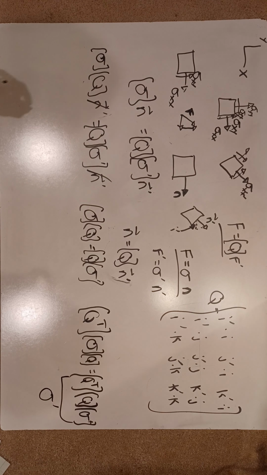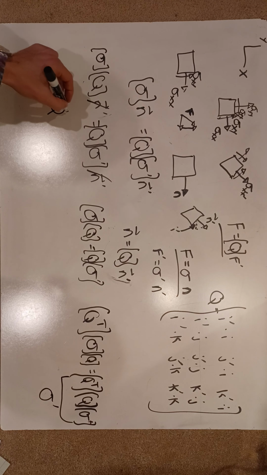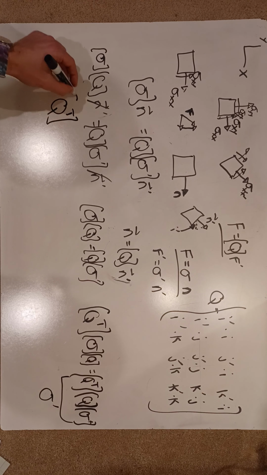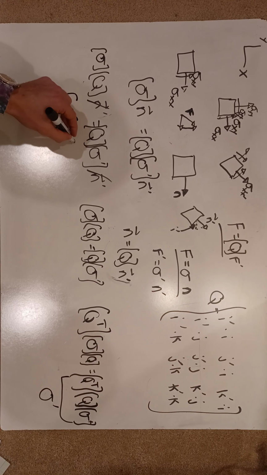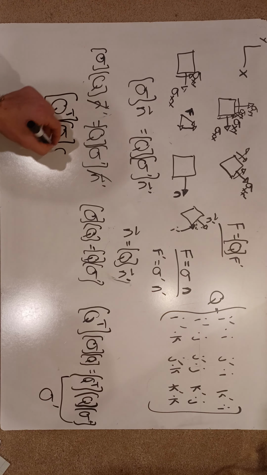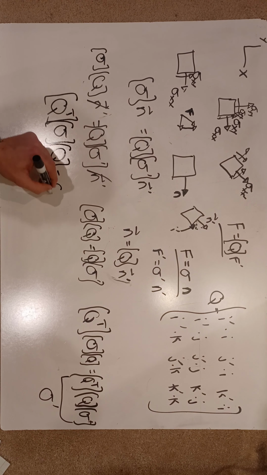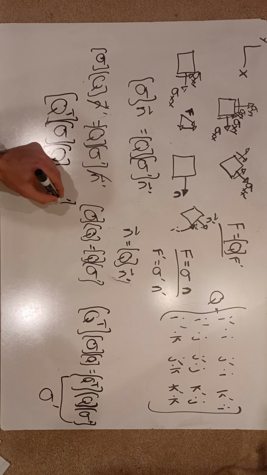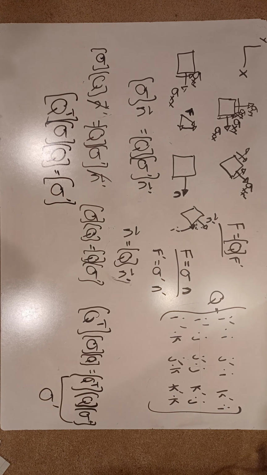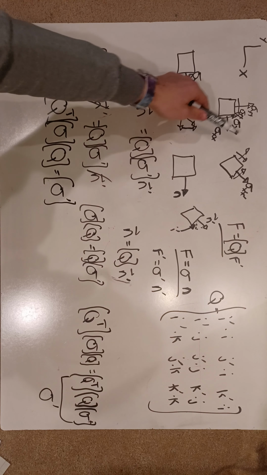So what we get as our final equation is the transpose of Q times sigma times Q is equal to sigma prime. All right, so we know the stress here, let's say.